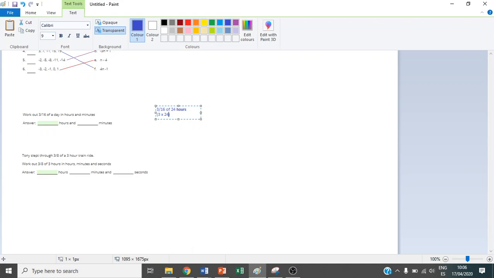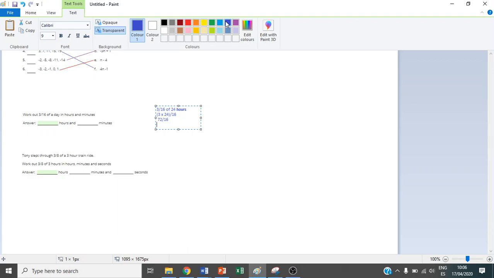Okay, so starting to think about what 3 times 24 is. 3 times 24, that's going to be 72 divided by 16. And that is definitely a top-heavy fraction. The top number, the 72, is bigger than the bottom number 16. So I'm trying to think, how many 16s go into 72?